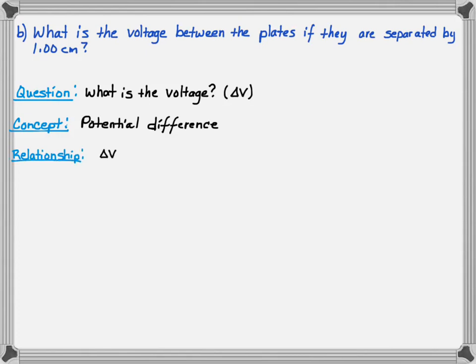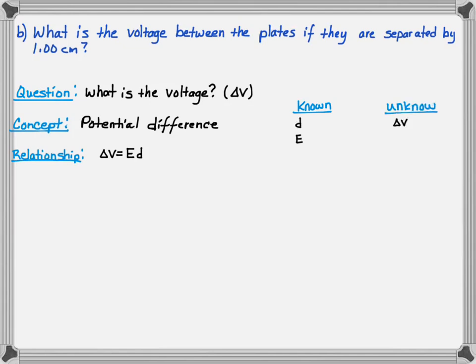The relationship is that potential difference is equal to E times D, D being the separation distance of these two plates. This relationship was not covered in either our reading or in class, so I understand if he was unable to find it. But it is delta V equals E times D.